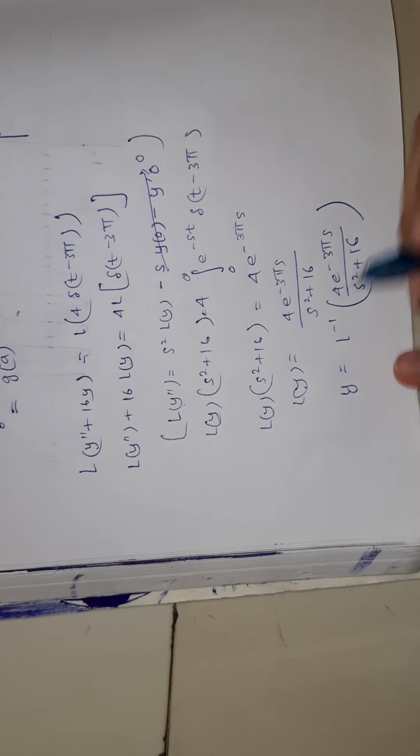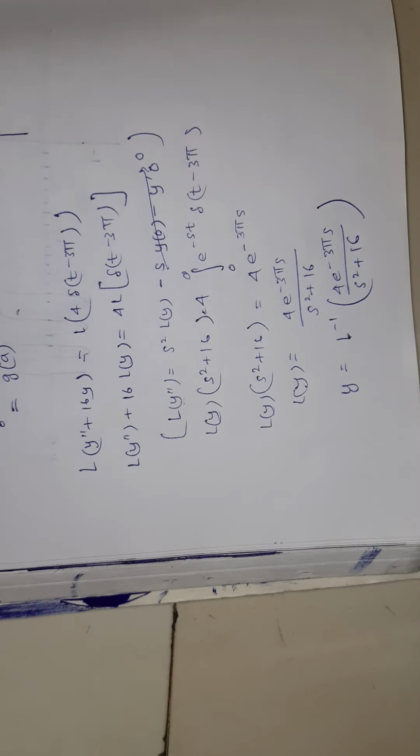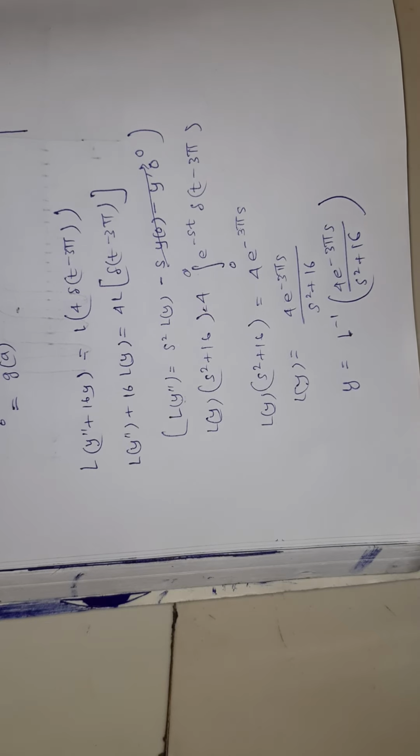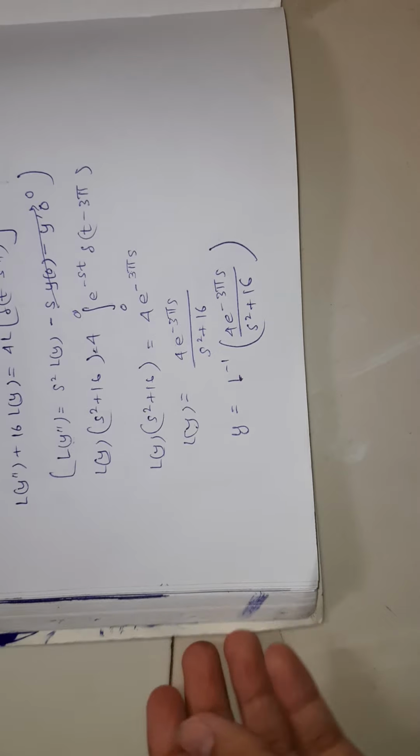And over here we're going to have to use the second shifting theorem, because there's no really straightforward way to just find the Laplace inverse of this. What we can find is the Laplace inverse of 4 by s square plus 16.